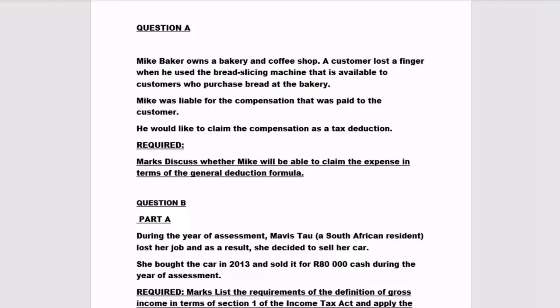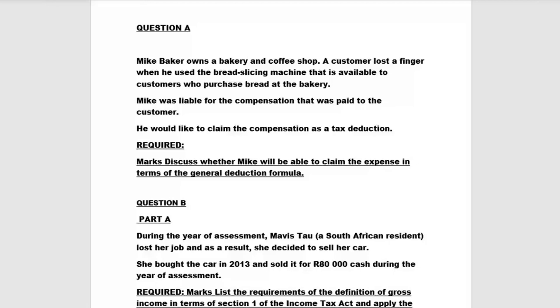That's fair enough. All right, everybody, I just want you to listen carefully. When you are faced with this kind of question, the first thing you have to do is list the requirements of the general deduction formula. You earn marks for that.